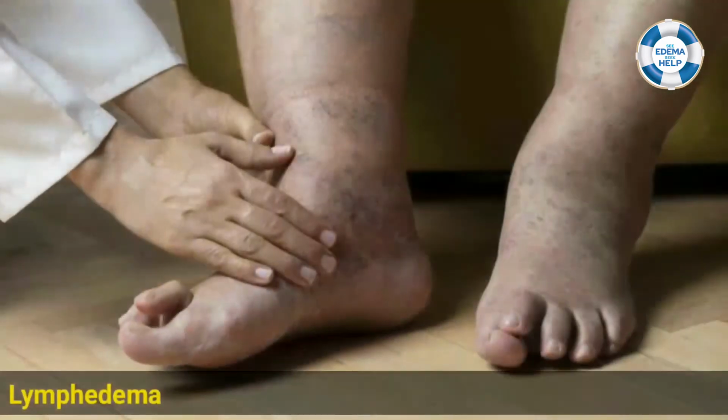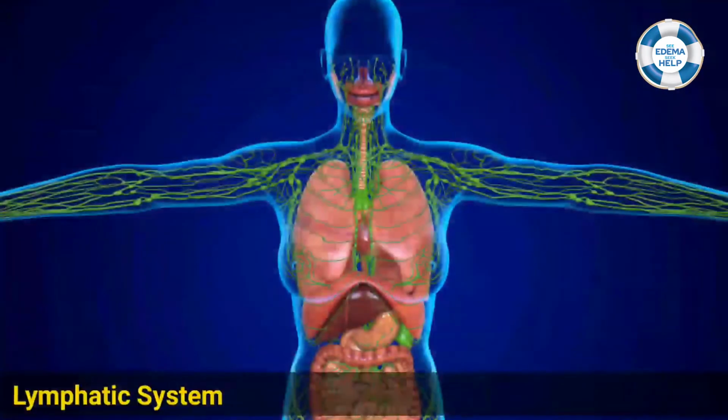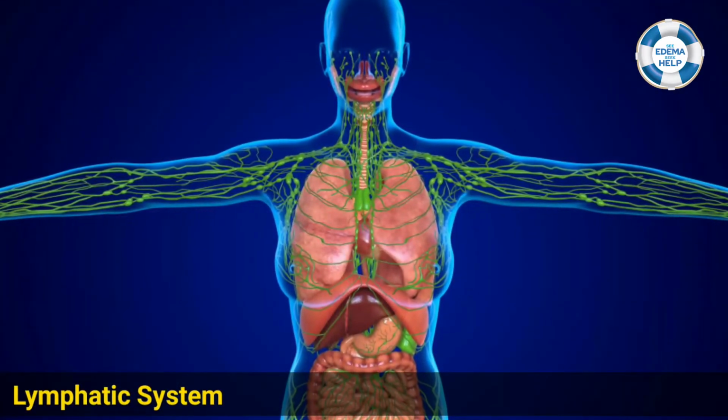The second mechanism is lymphedema. There is one more drainage system in our body called the lymphatic system, and that system sometimes gets occluded or obstructed, maybe secondary to certain infection, or to some pathological obstruction, maybe a tumor or an injury.